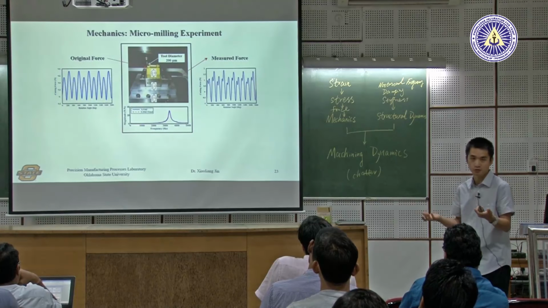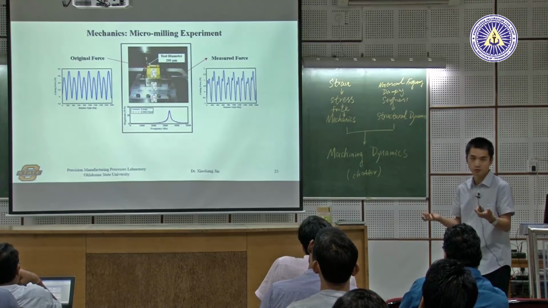But if the frequency component of the force goes to 3,500 hertz, the y value here is around 30, which means if there's a sinusoidal force with amplitude 1 Newton, but with a frequency of 3,500 hertz, then you will measure how much force? 30 Newton.